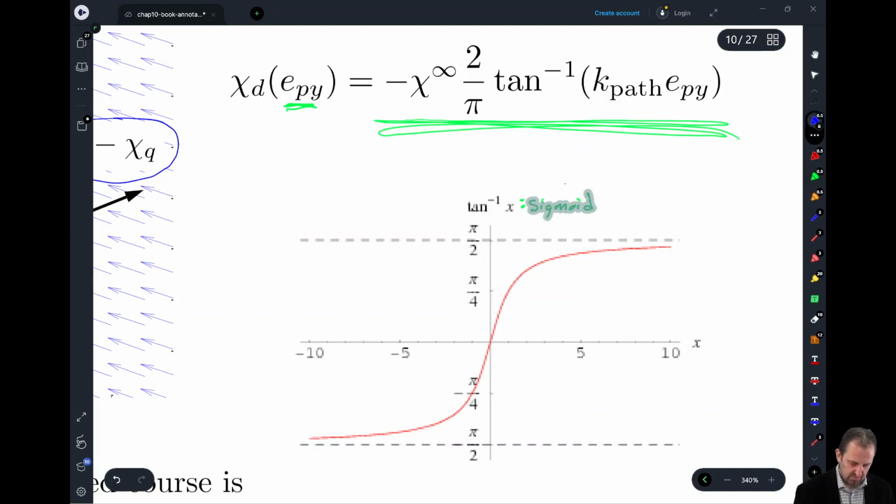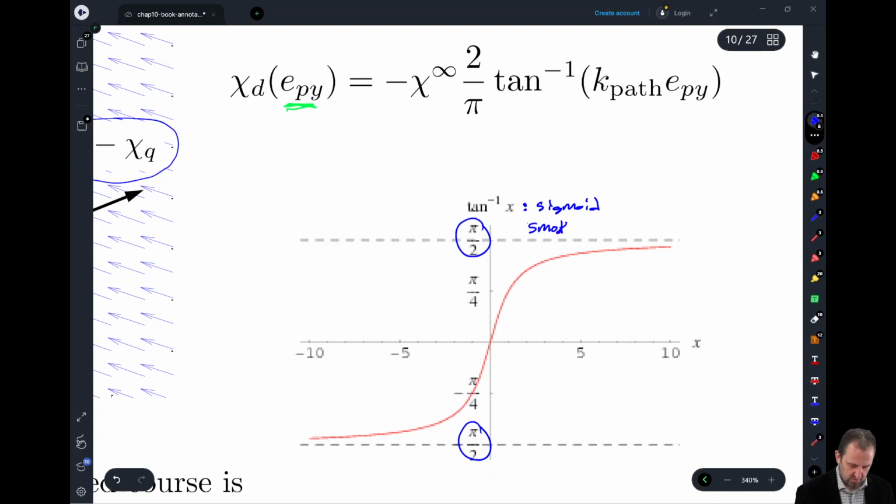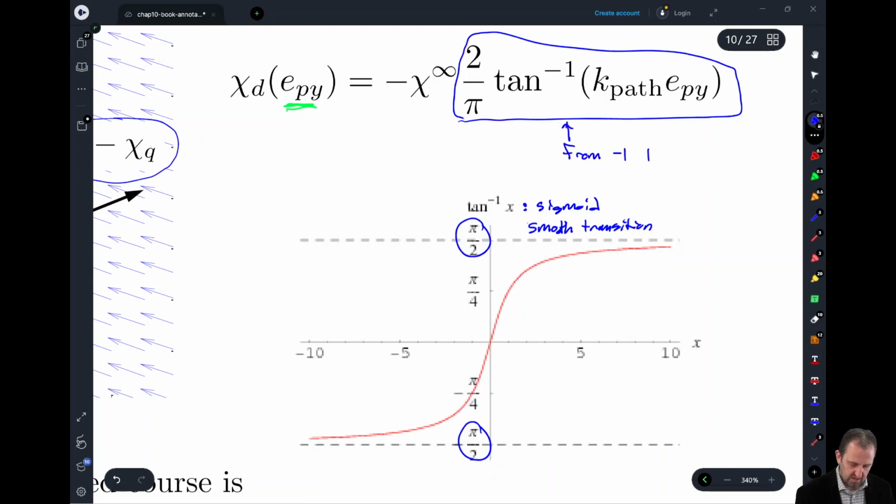Now we're going to switch back to blue. A sigmoid function, all it does is it transitions nicely between -1 and +1, or in this case, from a negative value to a positive value. So it's a smooth transition. If we look at this function right here, this function will go from -1 to 1 because we took the -π/2, right?